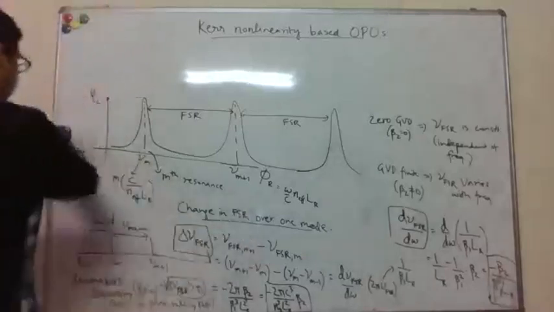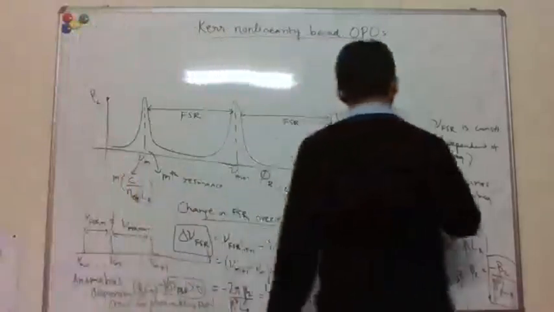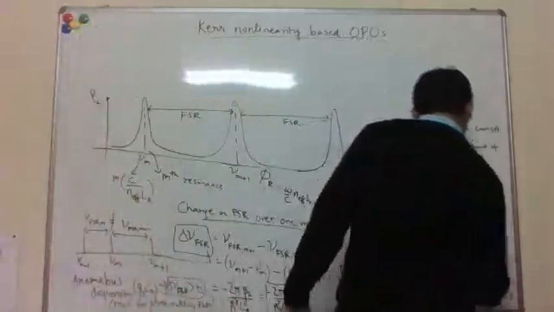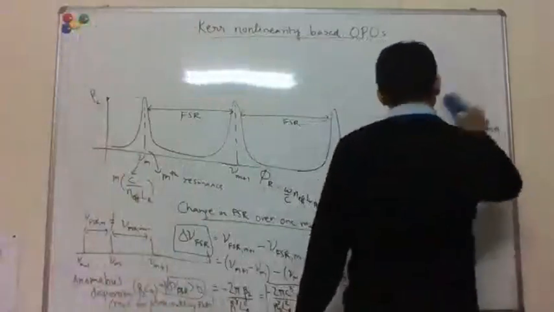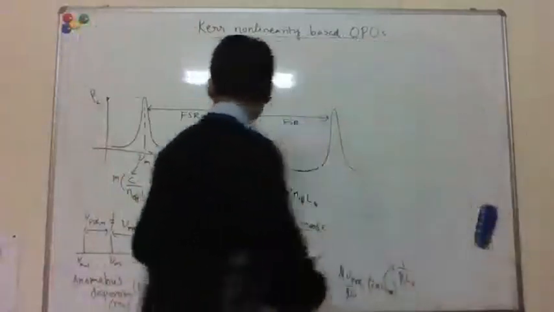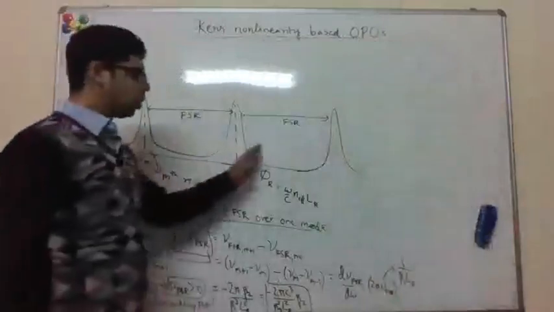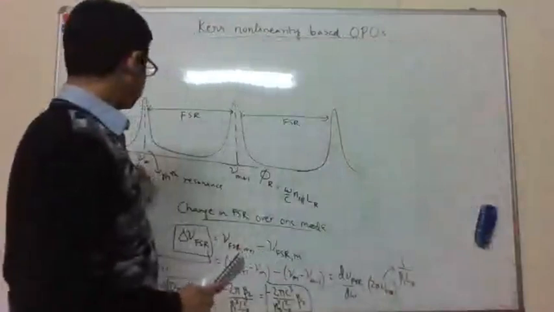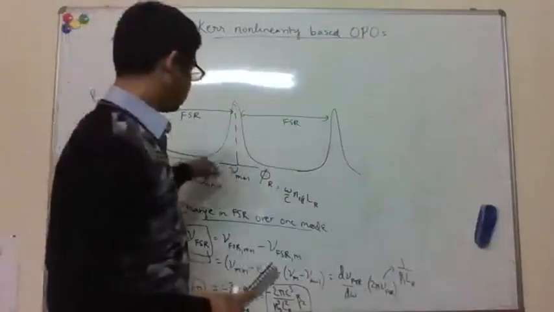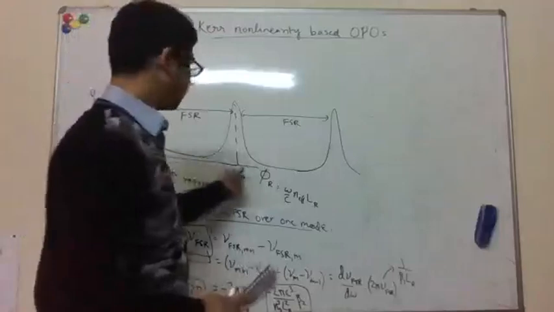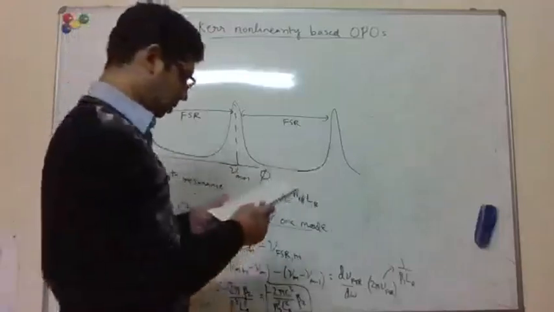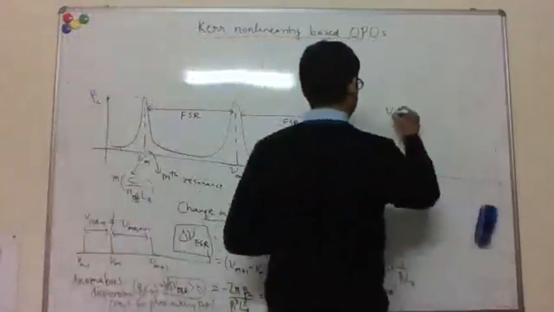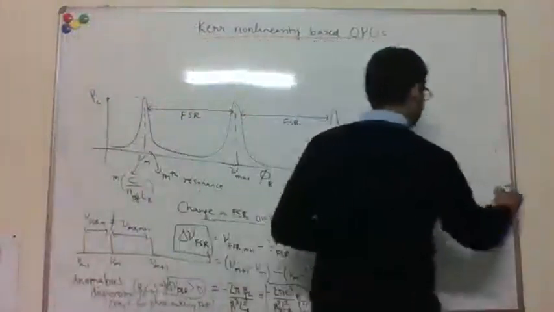Another way to look at it is to take these consecutive mode numbers and plot the frequency of those particular mode numbers. So basically you plot nu m as a function of m.